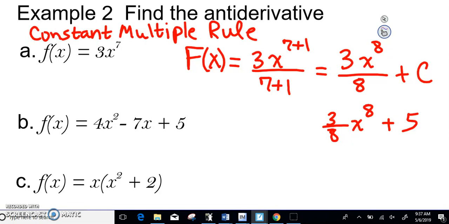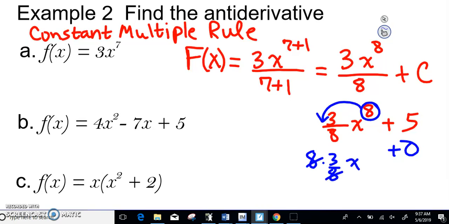If we find the derivative, that means we take this exponent and move it down, and then the derivative of a constant is just 0. So we have 8 times 3/8 x to the 7, the 8's cancel out, and we're left with 3x to the 7, which is what we originally started with.